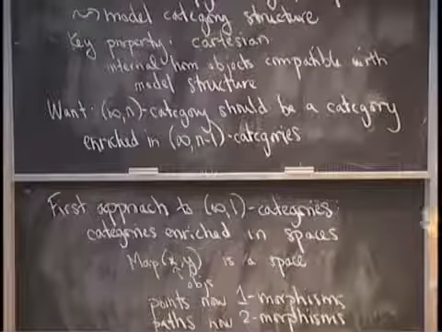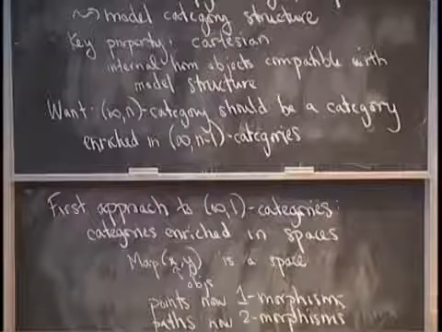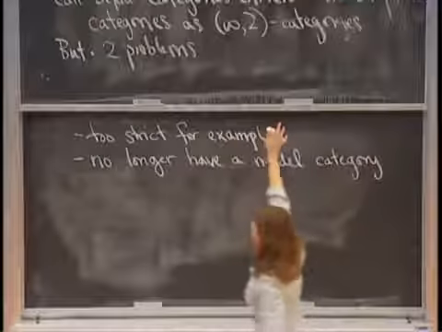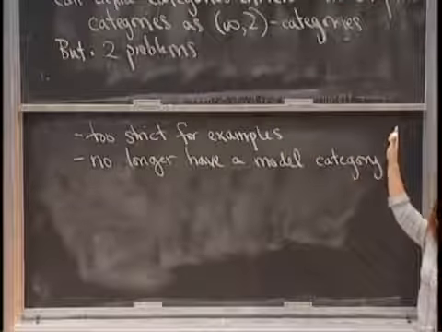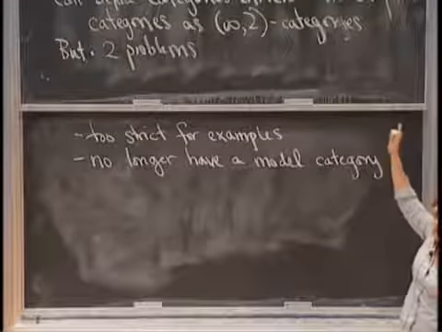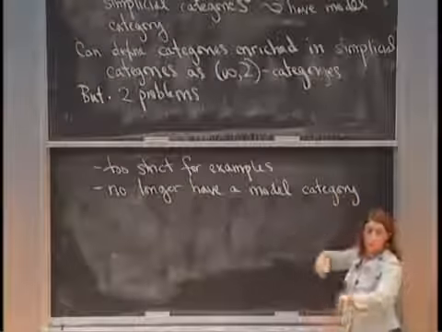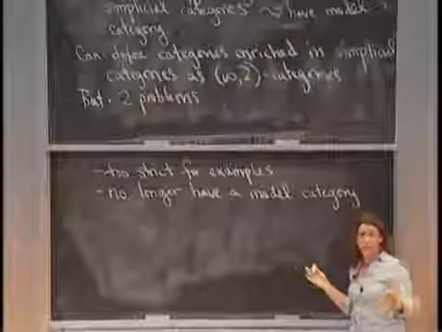It was sort of this extra feature of this model category. Well, it turned out that extra feature was really important in getting a model structure when we enrich in it. But we lost it. The model category of simplicial categories is not Cartesian.